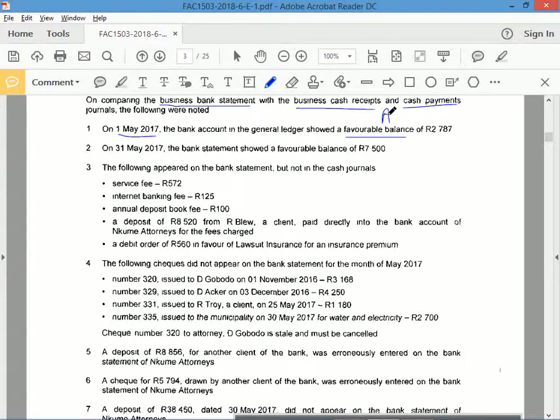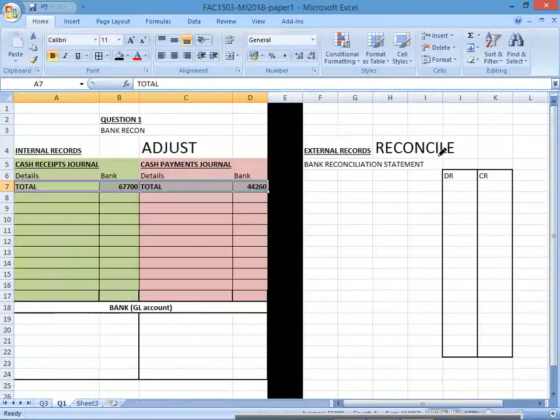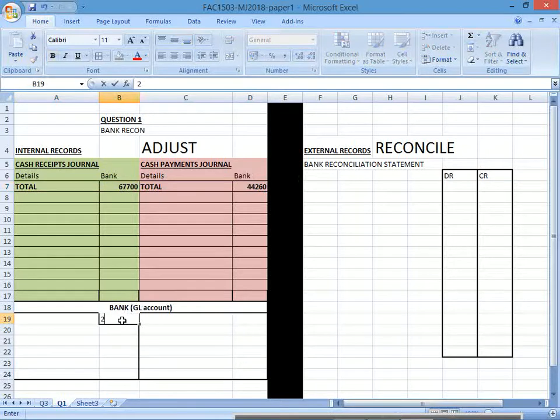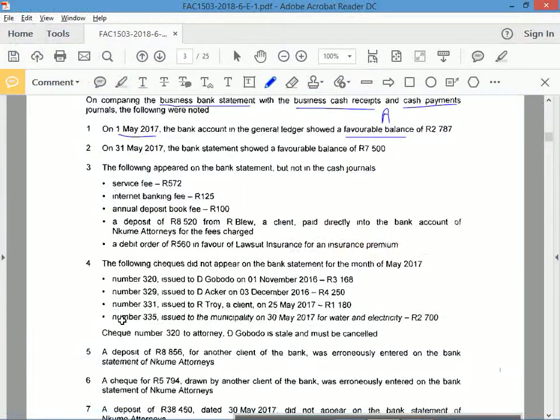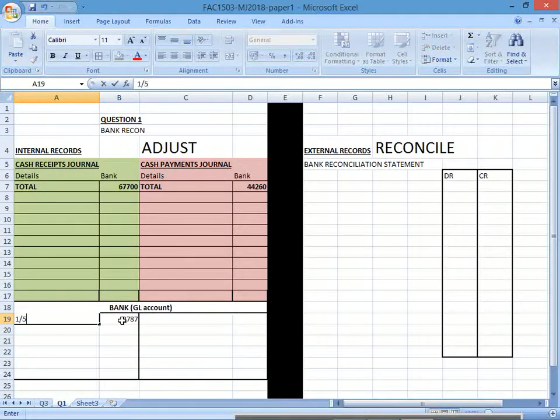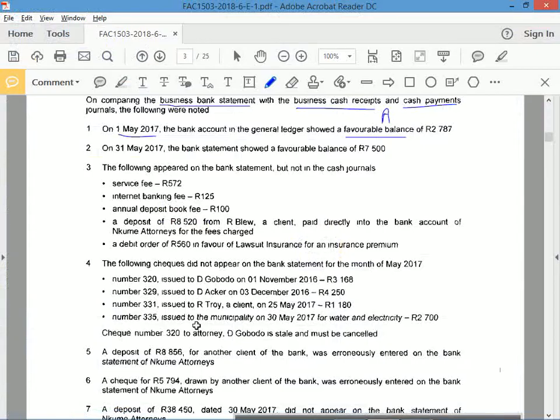Assets have debit balances. So 2787 is going to go here. 2787. That was the opening balance for May. 1/5 balance brought down. There's another easy mark. Opening balance for your general ledger T account. Let's go back, tick it, move on.